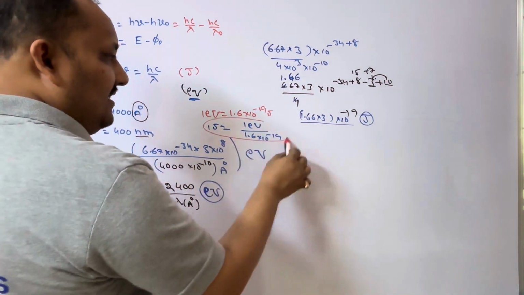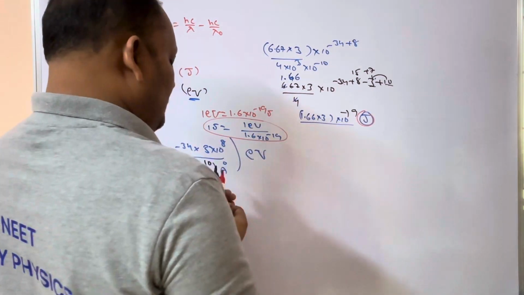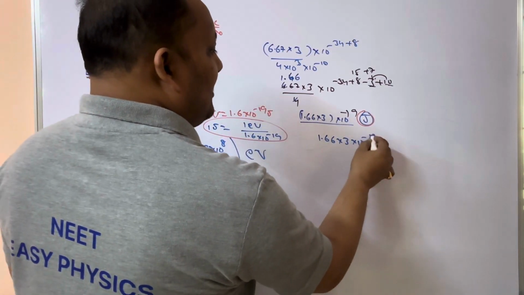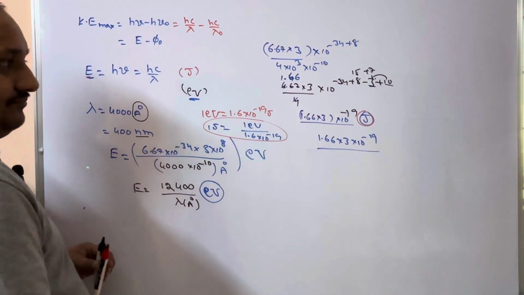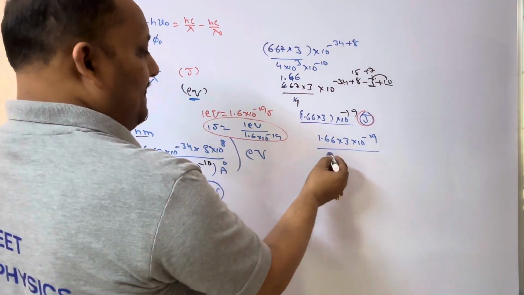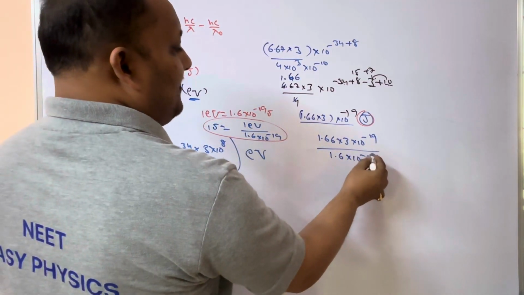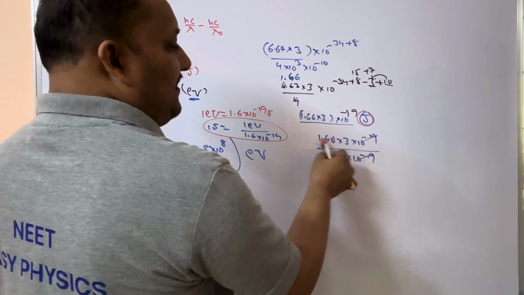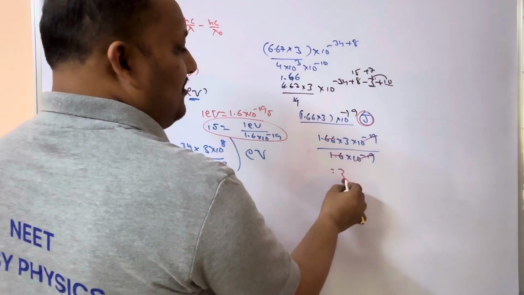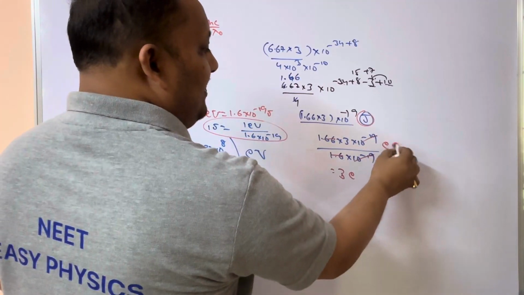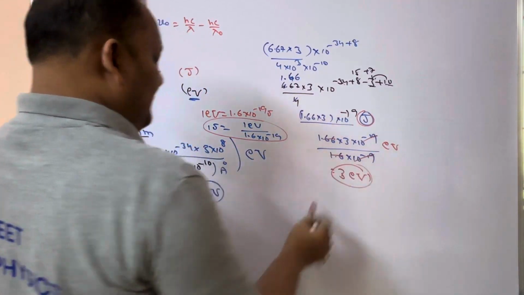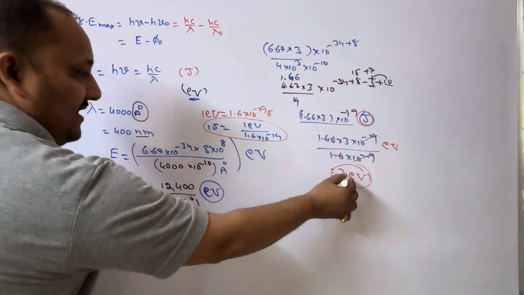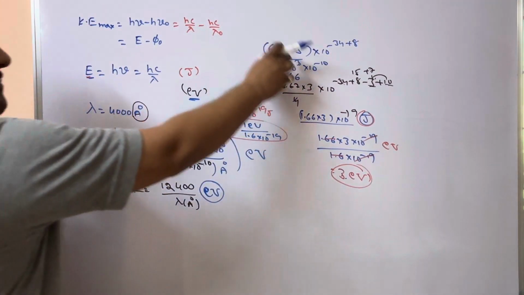In place of this joule, if you want to write in eV, 1.66 into 3 into 10 power minus 19 by 1.6 into 10 power minus 19. So these two will be cancelled. Nearly, we are going to get 3 eV, 3 electron volts. Generally you get 3 point something, but we did it approximately.